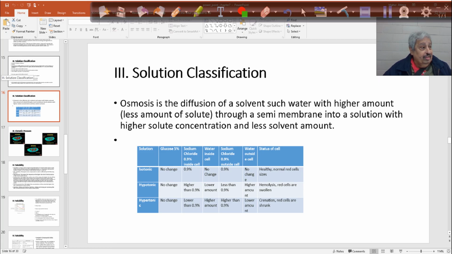Isotonic is when the amount of the H2O inside and outside the cell is equal, nothing changed.